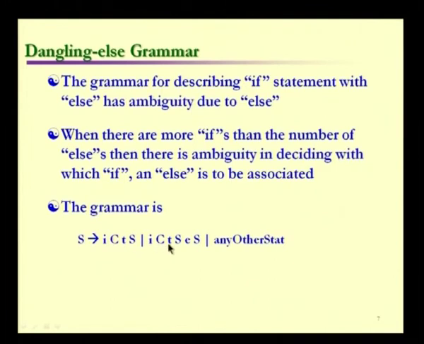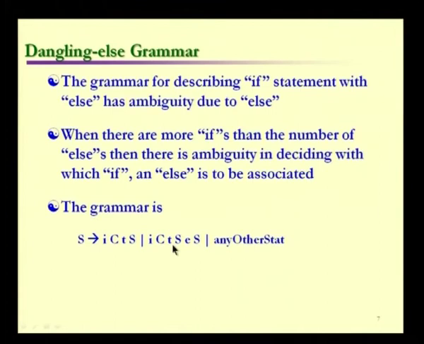Another one is if, condition, then statement, else statement, which has both then part and else part, and it can be any other statement. So, it is not necessary that we must always have only an if statement; it can even be any other statement, such as an assignment statement or a while statement. So, we will not face problems due to the else as far as these cases are concerned. We have problems only with the first two cases.